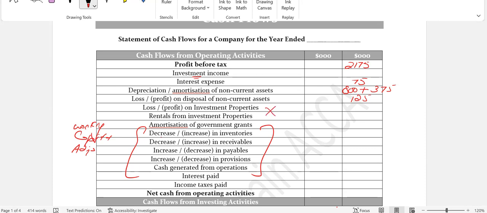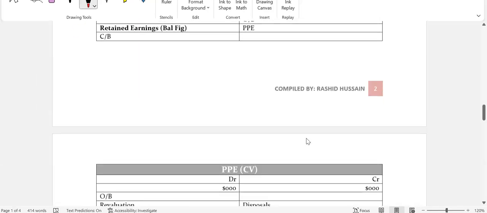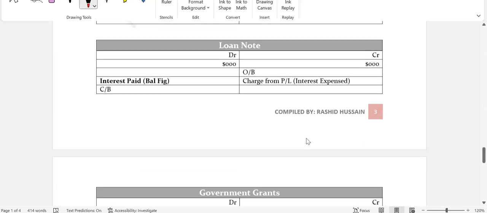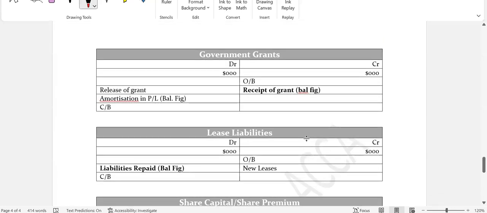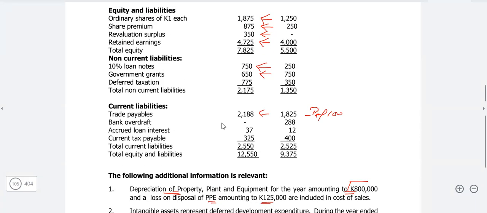Then we have the amortization of the government grant. I told you that this amortization is calculated from the government grant account. So let's go to the figures.